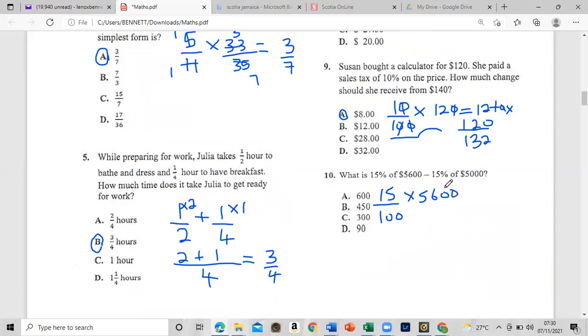All right. So this cancel this, cancel this, cancel this. So 15 times about 560 plus 5 times that. So that's about 840.